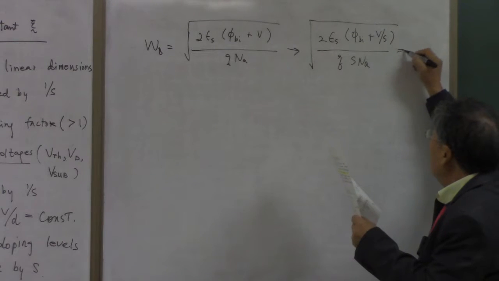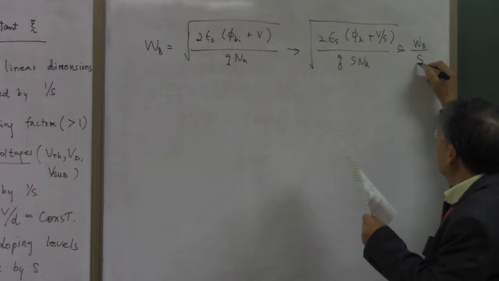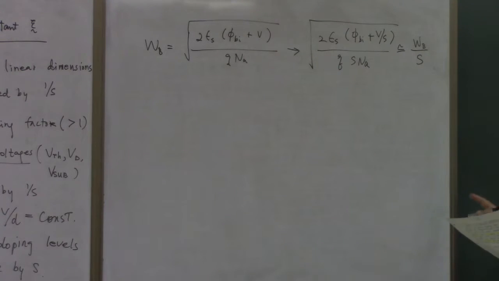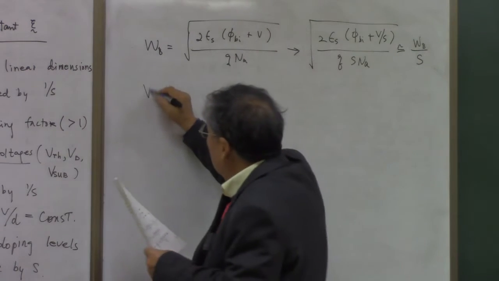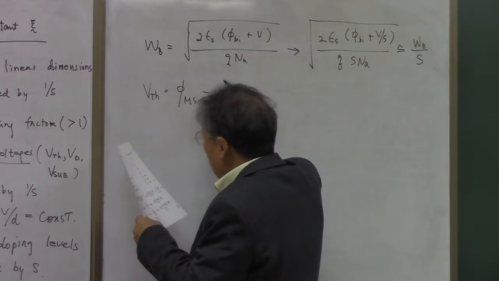And then we end up with WB being scaled by 1 over S, something like this.